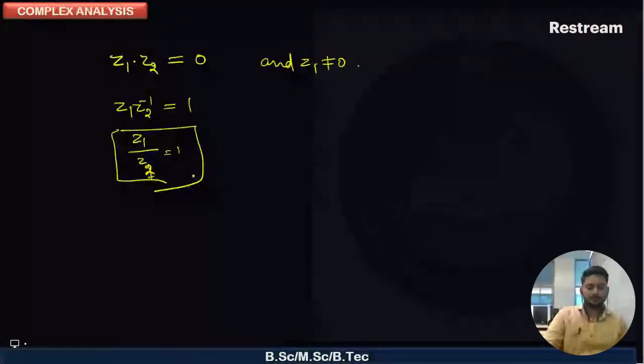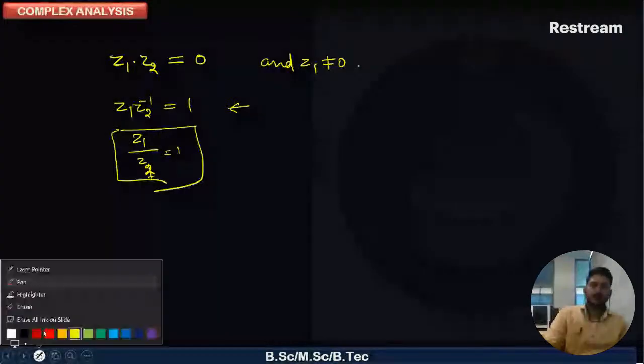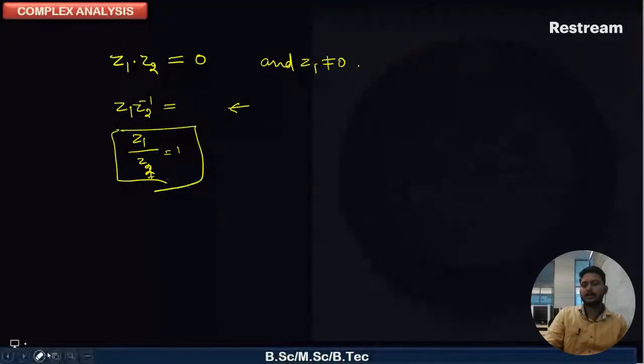One more topic, the inverse. So in this type, z1 times z2 inverse is written like this for better clarity.